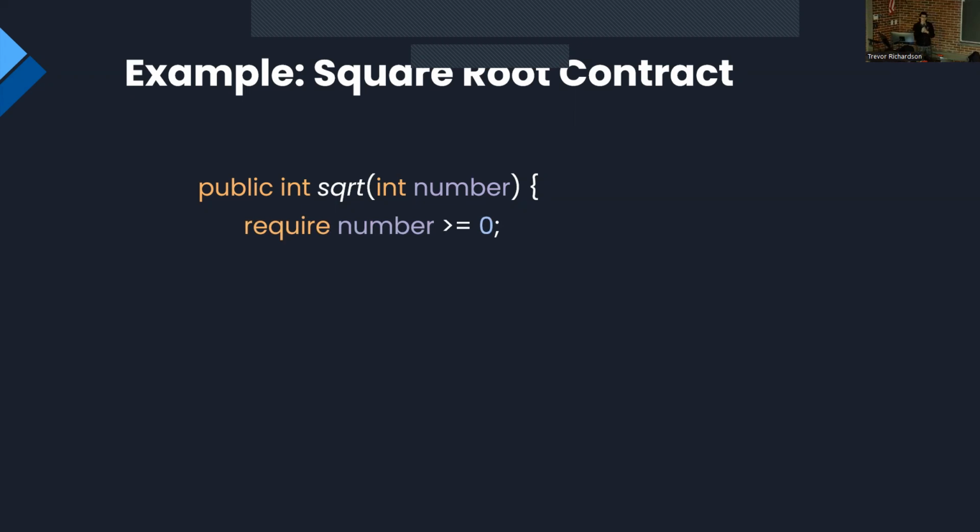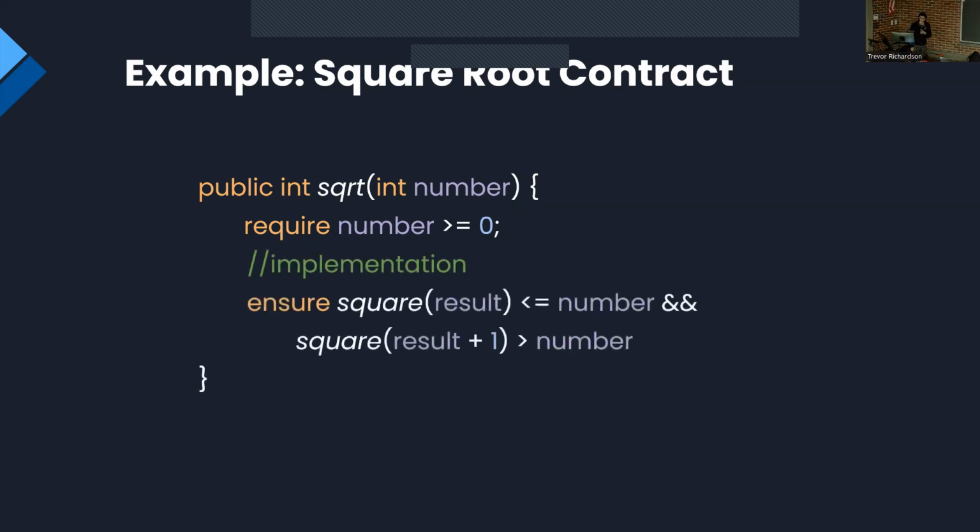What's our postcondition? Right. So we have to return a number to the user that's accurate, right? And so one thing we might do is look at something like this, for an implementation.